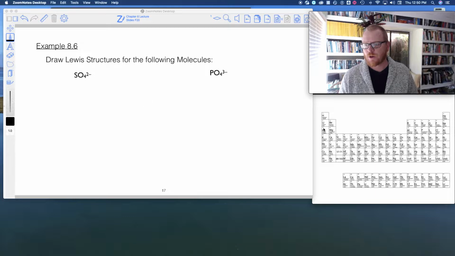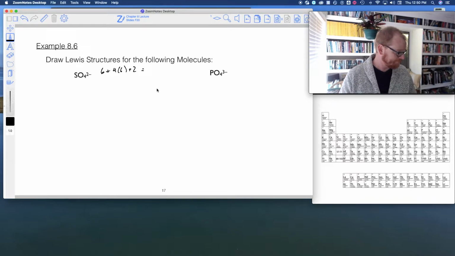Sulfur is 1, 2, 3, 4, 5, 6, plus 4 oxygens, and each one of them is also 6, plus 2 extra for the negative charge. What we get out of that is 24 plus 6 makes 30, plus 2, so that's 32.